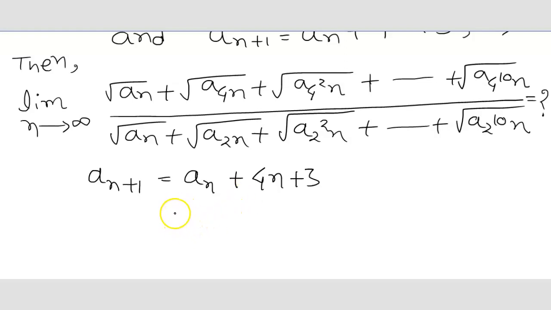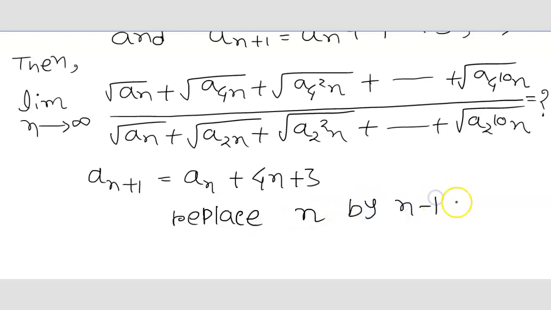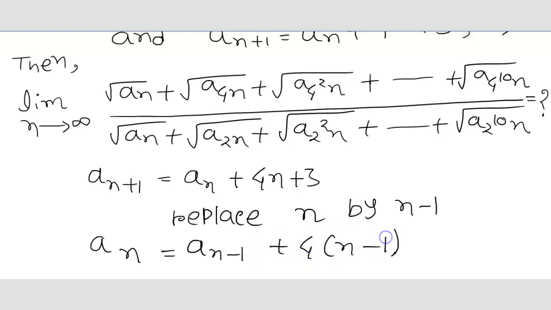What we can do now is simply replace n by n minus 1. Let's see what happens. If you replace, then n plus 1 becomes simply n, this thing becomes a_{n-1}, and this thing becomes 4(n-1) + 3.